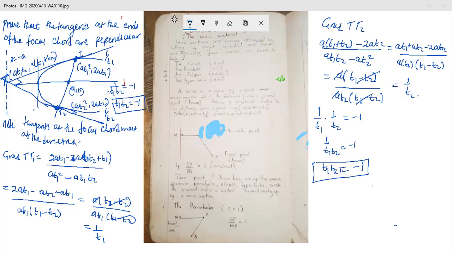Next time we shall talk about the ellipse. I think we should look for some time on Saturday and Sunday, so that this week we get done with the conics.